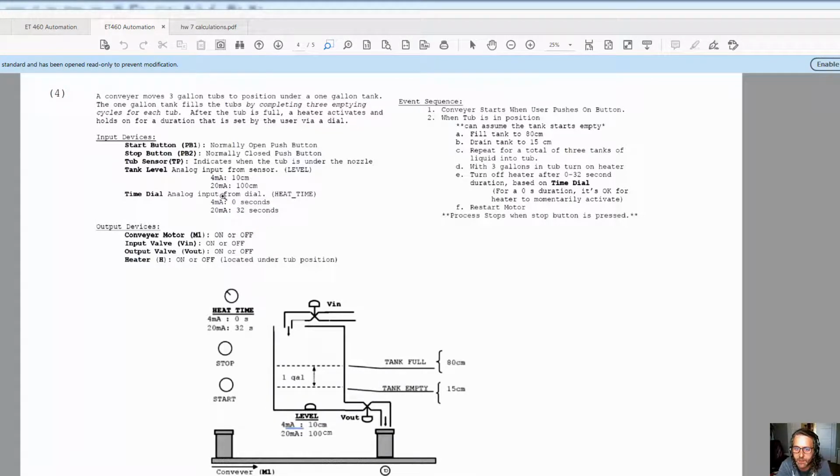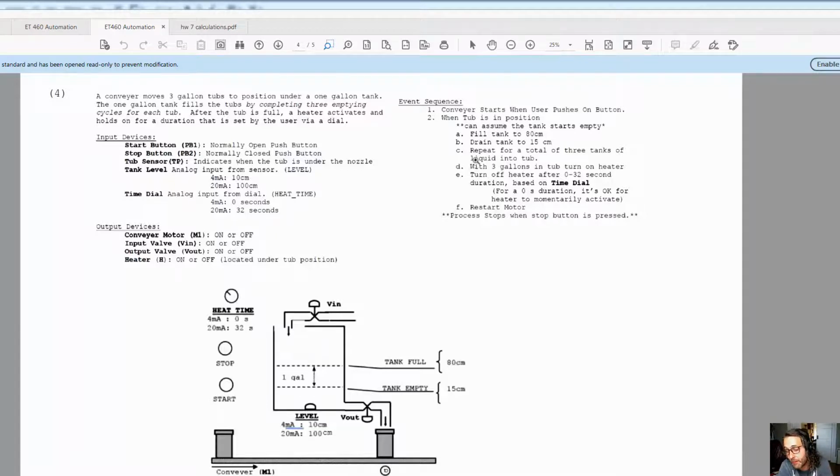When you look at the event sequence, the conveyor starts when you push on, and the tub moves into position and the conveyor stops, and then a bunch of things happen. You fill to 80 centimeters, and then you drain to 15, and you're going to repeat that for 3 total tanks. So that's a lot like what we just did.